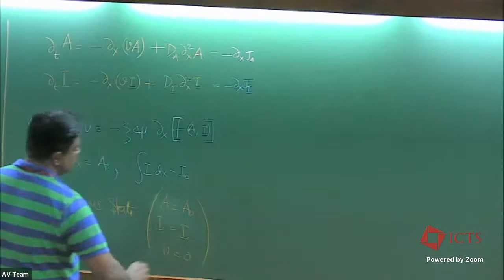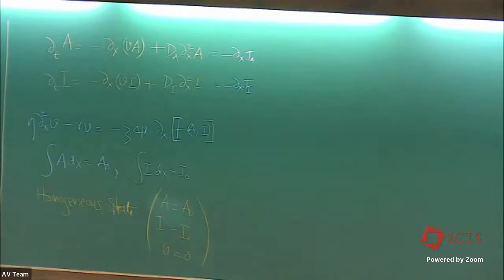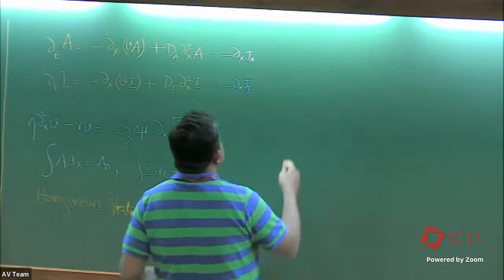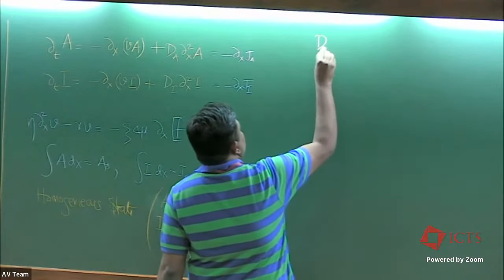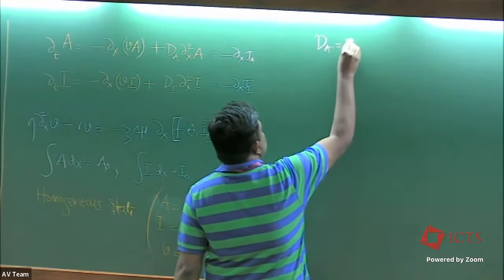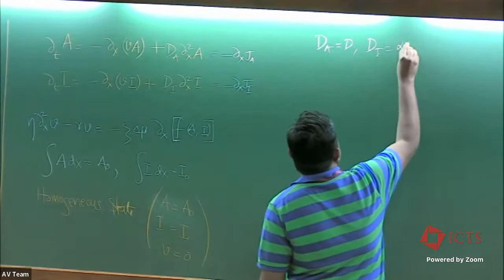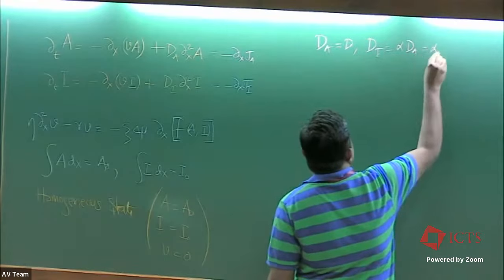So that's a homogeneous state. I'd like to find out, if you did a linear stability analysis, can this system actually undergo some pattern forming instabilities? So just to scale out units and get things in a nice, convenient fashion, I'll just say D_A is D and D_I is alpha times D_A, which is just alpha times D.